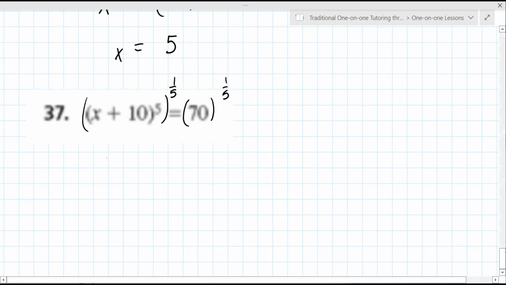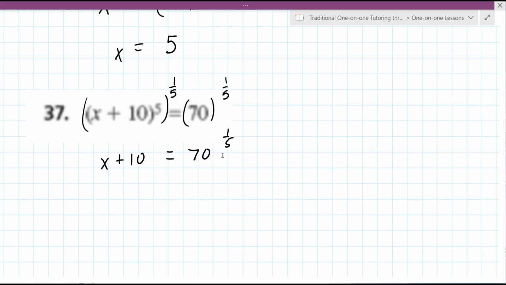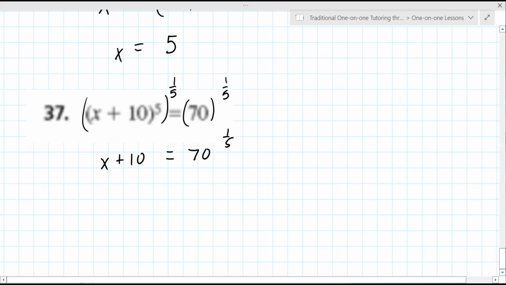And on the left, it undoes the power of 5. Now, up until now, we've been given a lot of problems where this 70 to the 1/5 works out, but 70 to the 1/5 does not work out. If you go to your calculator and type in 70 to the 1/5, you're going to get an awful thing. It's like 2.34.